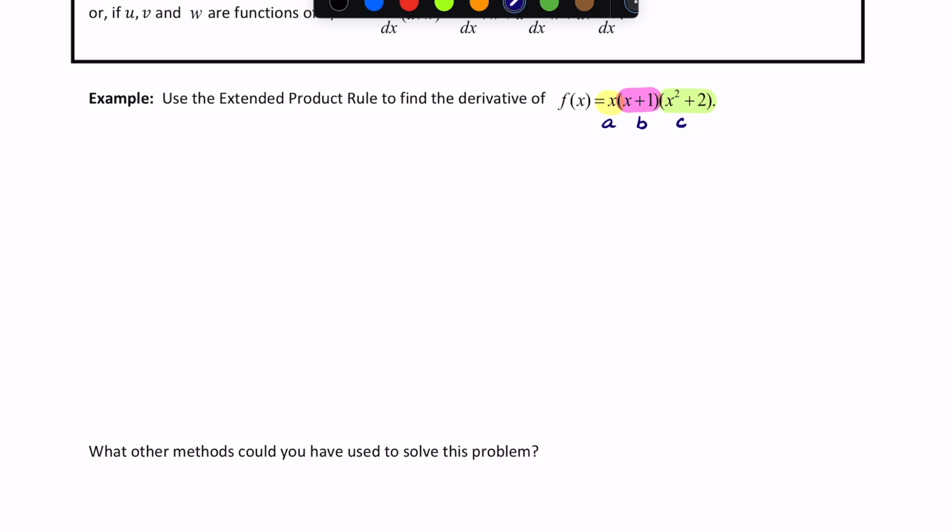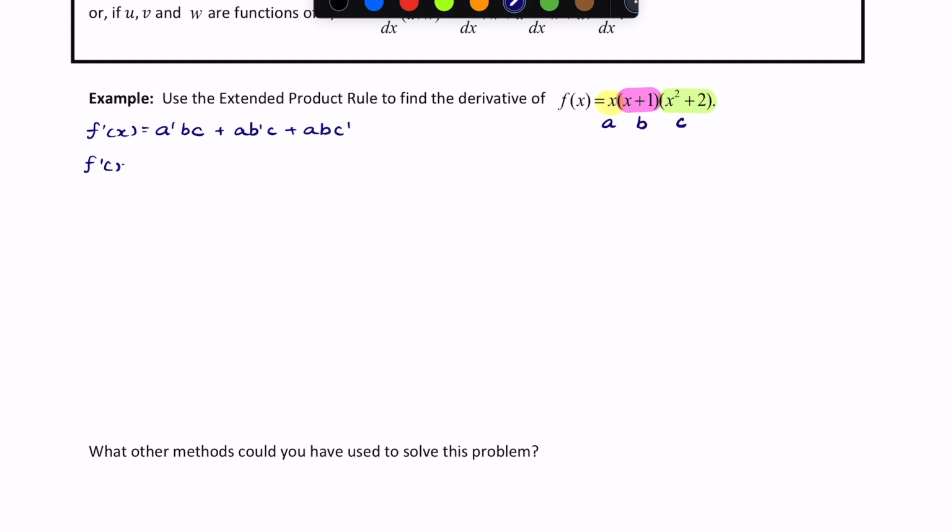So again, if we rewrite that, f prime of x is equal to a prime times b times c, plus a b prime times c, plus a b c prime.